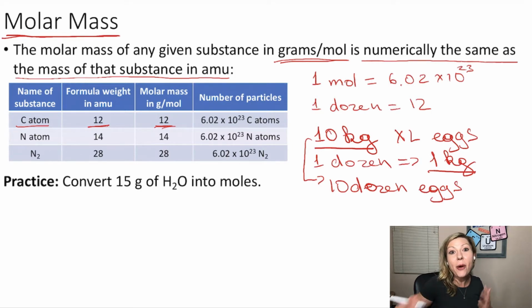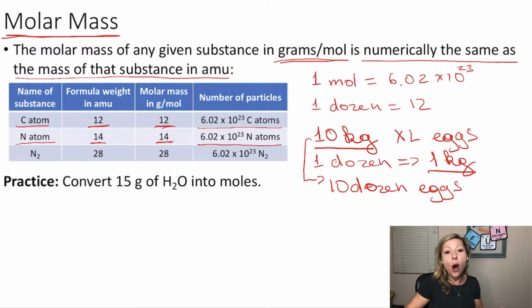And the number of particles in this 12 grams is 6.02 times 10 to the 23rd carbon atoms, because I have 1 mole of it. The same works with nitrogen atoms, for example. If the formula weight is 14 AMU, my molar mass is 14 grams per mole, and in these 14 grams per mole I'm going to have 1 mole of nitrogen atoms, which is 6.02 times 10 to the 23rd.